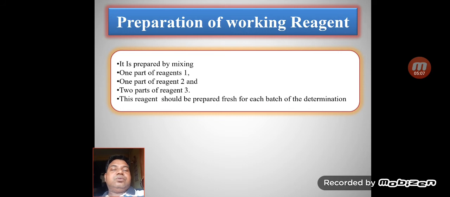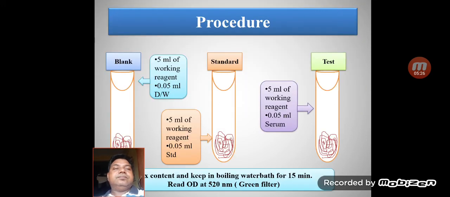The working reagent is prepared by mixing one part of reagent 1, one part of reagent 2, and two parts of reagent 3, and it should be prepared fresh for each batch of determination. For the procedure, we take 3 test tubes labeled blank, standard, and test. In the blank we use 5 ml of working reagent with 50 microliter of distilled water.